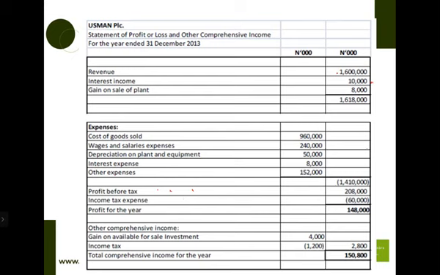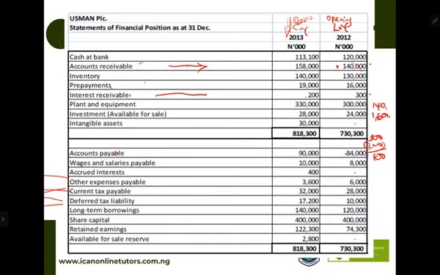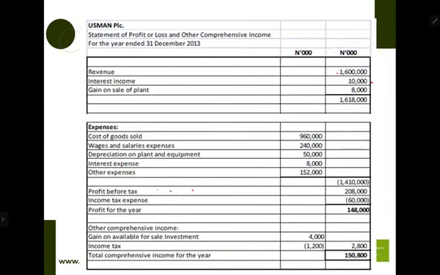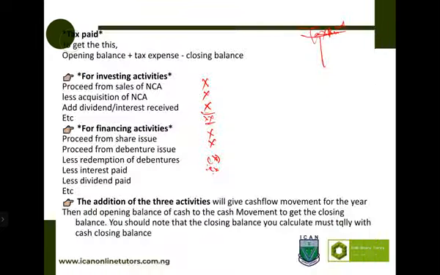So for the cash payment, go to your account payable. Account payable, 84 at the beginning, then 90 at end. Then purchases during the year, 970,000.